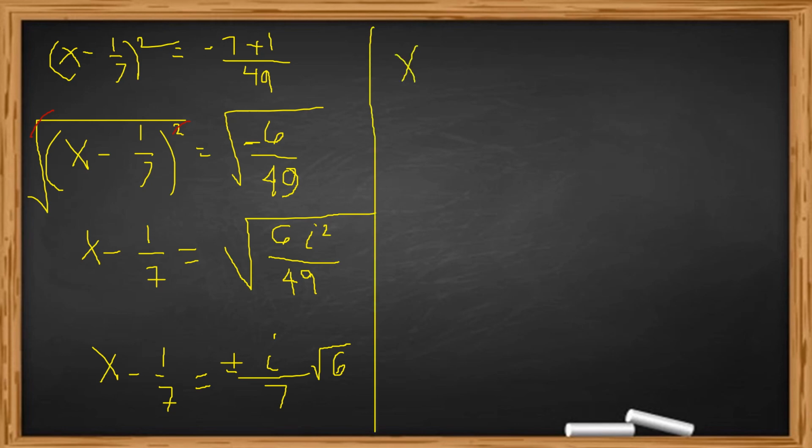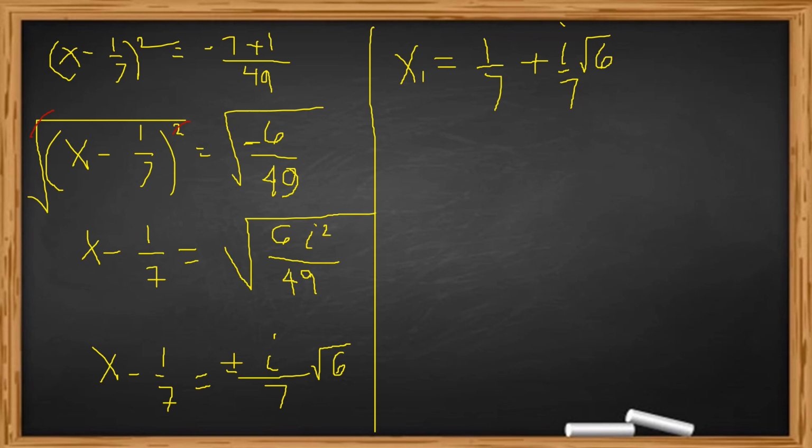Therefore, si x of 1 ay magiging, gamitin natin si positive 1 over 7. I-transpose na natin si 1 over 7. Tapos gamitin natin si plus i over 7 square root of 6.